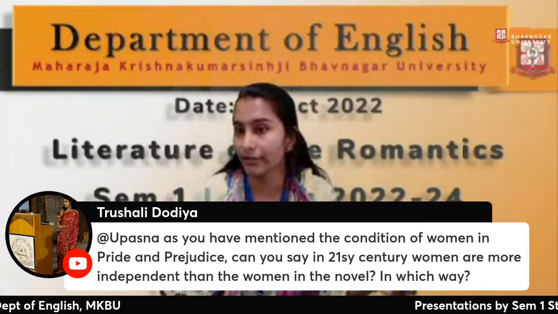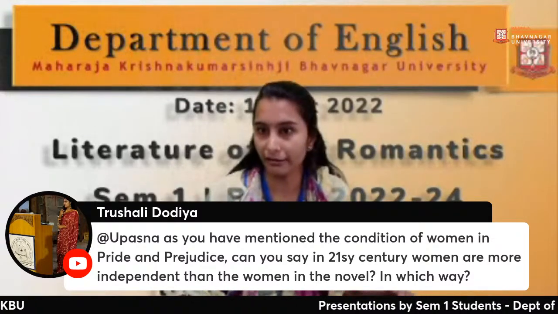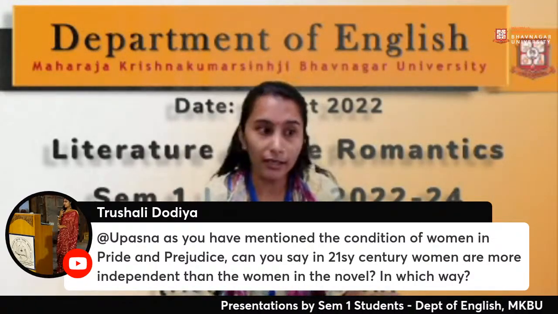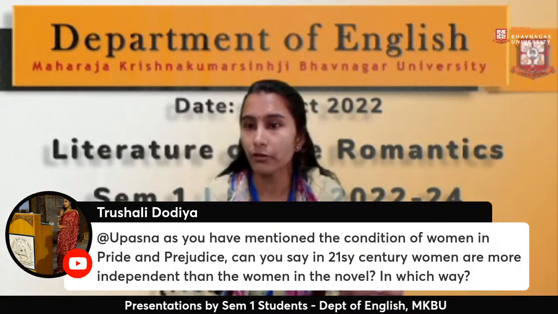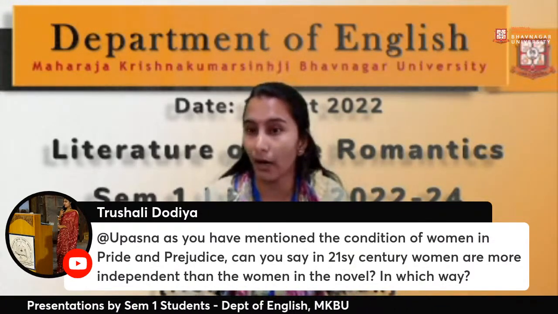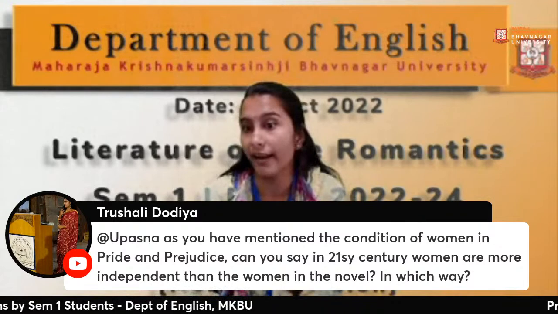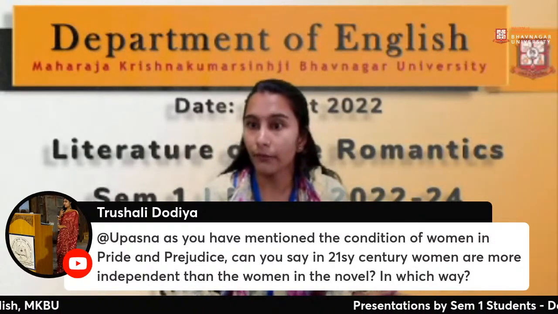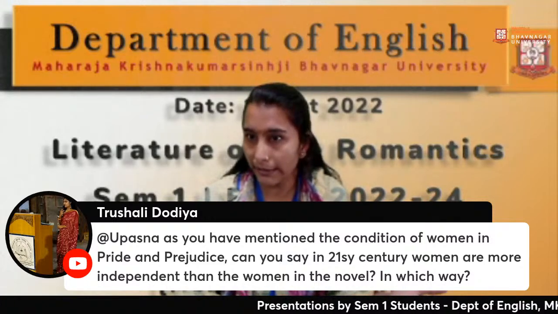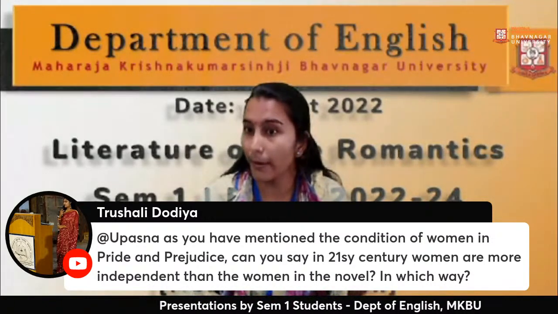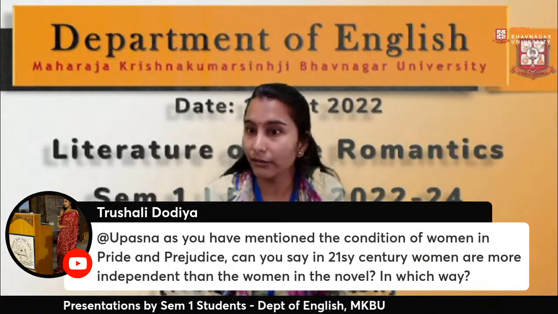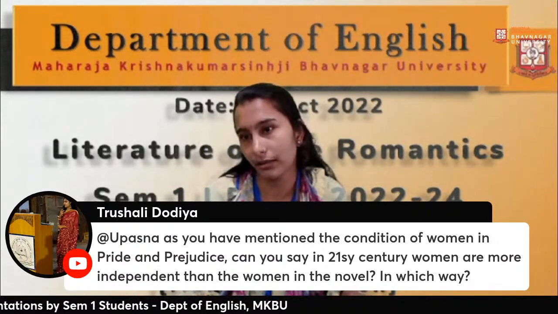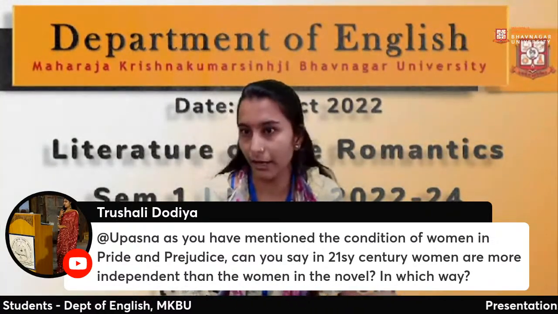In Jane Austen's time, women were not educated. In current time, a woman is educated and not dependent on her father or her husband. She is able to contribute to society economically, improve and protect herself, and not depend on others in current time, I think.